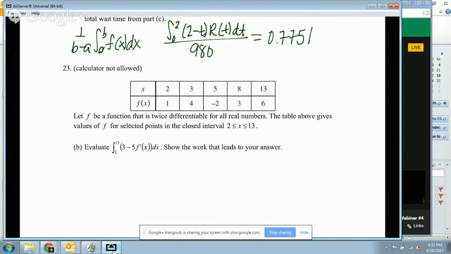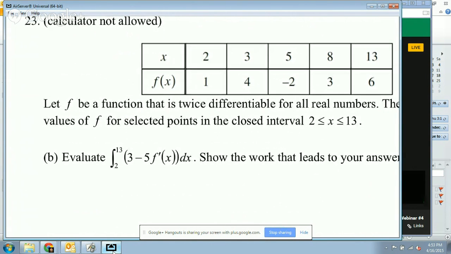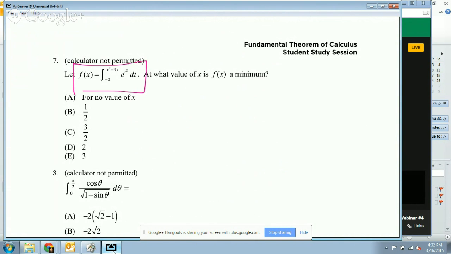One of the things I always look for on these AP questions is, do they ever separate terms by a plus or minus in an integral? So f prime of x is equal to e to the (x squared minus 3x) power, but don't forget to chain, times 2x minus 3.